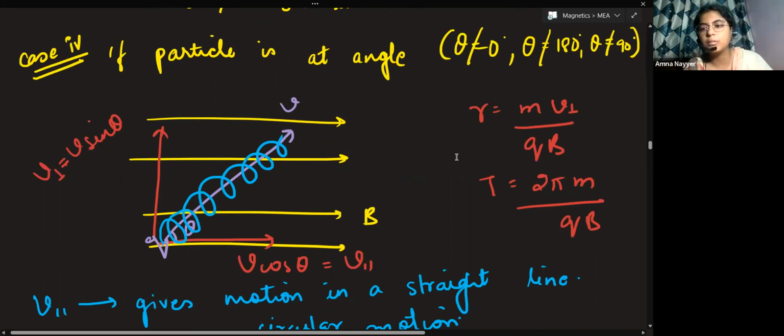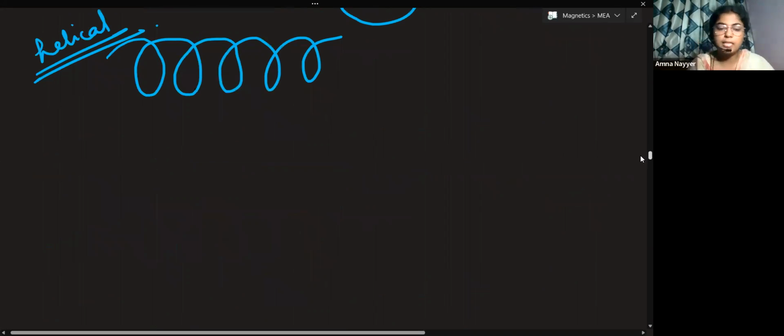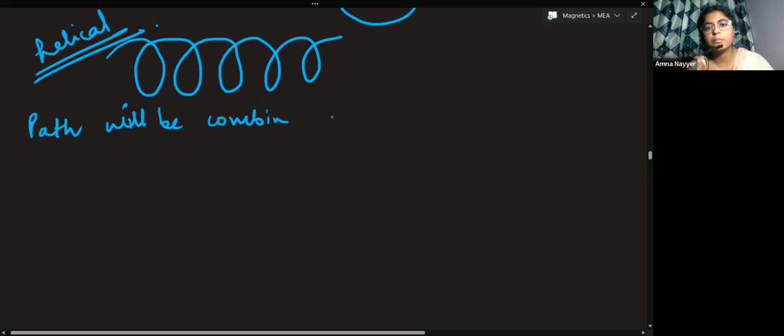So the path will be a combination of circular motion and straight line.